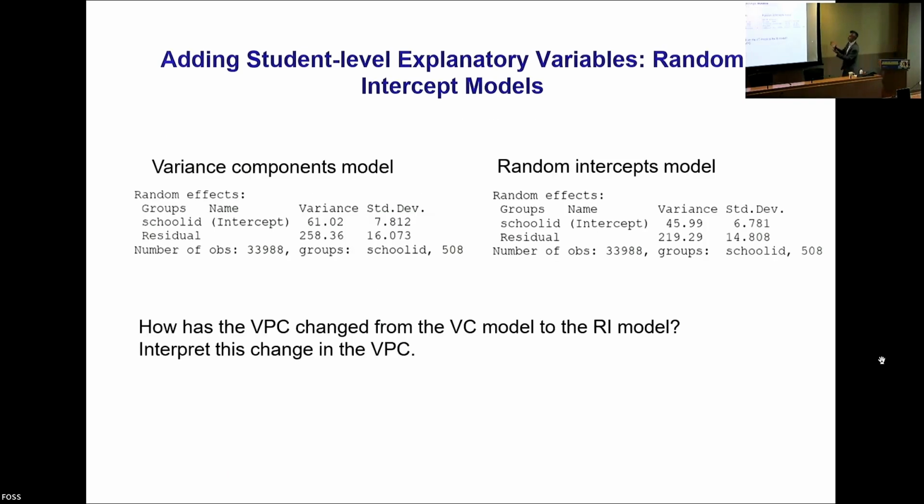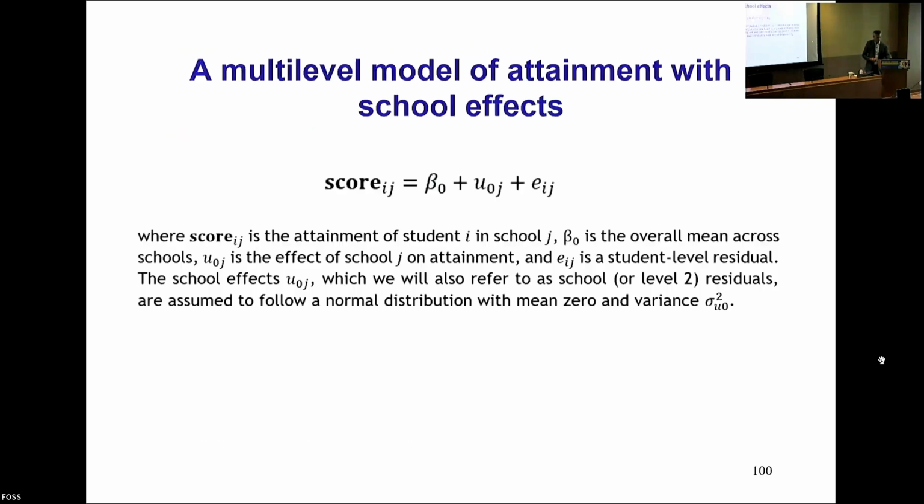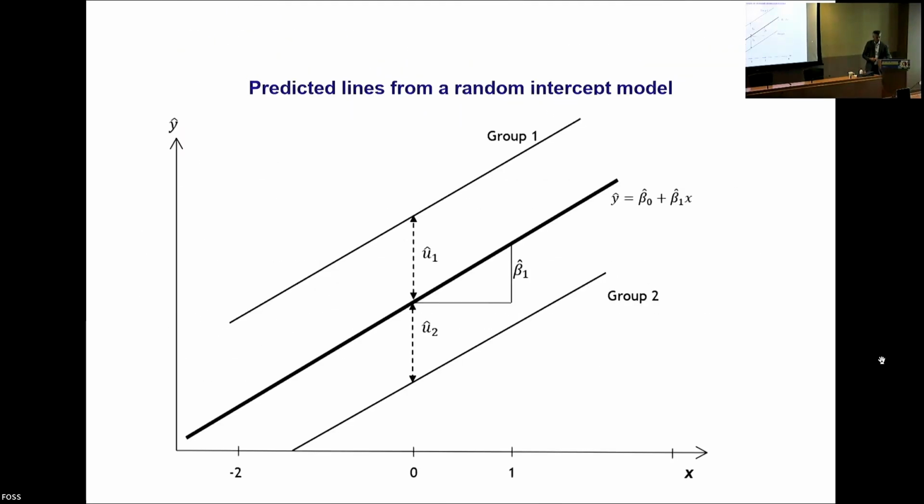So this is a comparison of the random effects for the variance component model without the explanatory cohort variable and the random intercept model, so with the explanatory cohort variable. So why is it called a random intercept? It's called a random intercept because we now have different intercepts for each group.